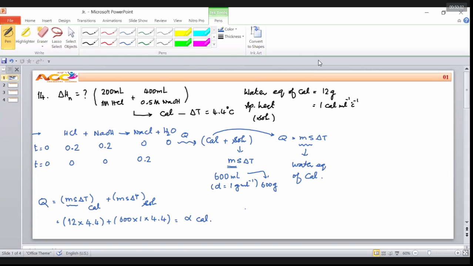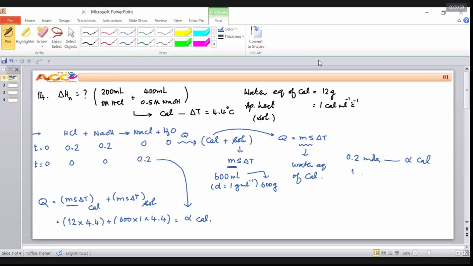Done. Now the question is, sir, this is the alpha amount of calories released when 0.2 moles of base is neutralized and salt is formed. This means heat of neutralization is the amount of heat energy released when 1 mole, 1 equivalent is formed. 0.2 equivalents or moles, both are the same, is equal to alpha calories.